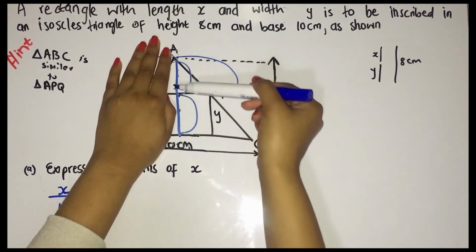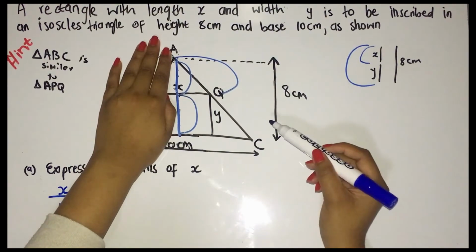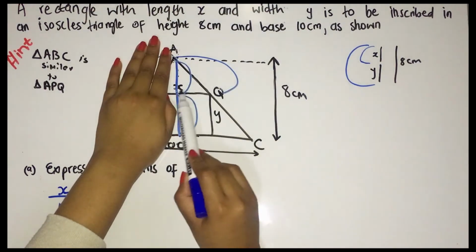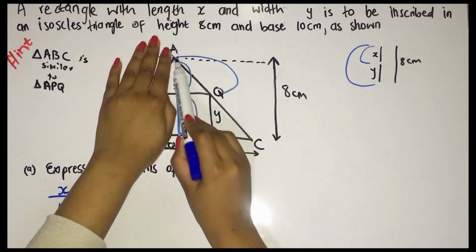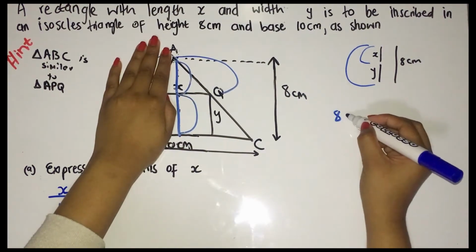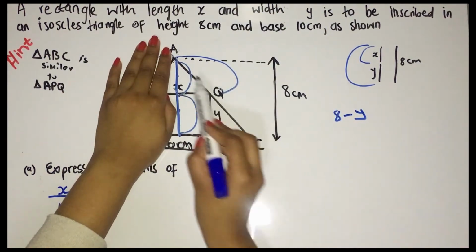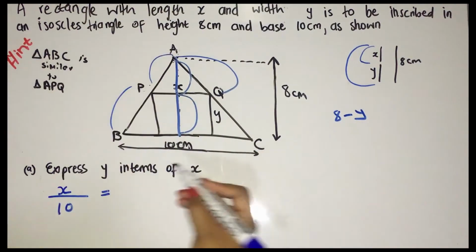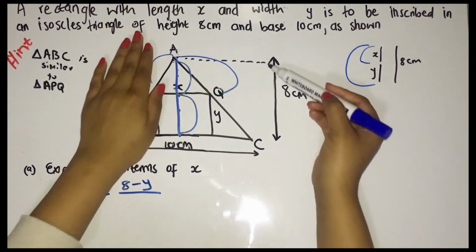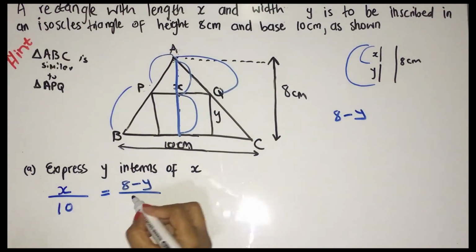And we see that this part is equal to 8 minus y, because when we take 8 minus this, we are left with that. So it's 8 minus y over the whole part.